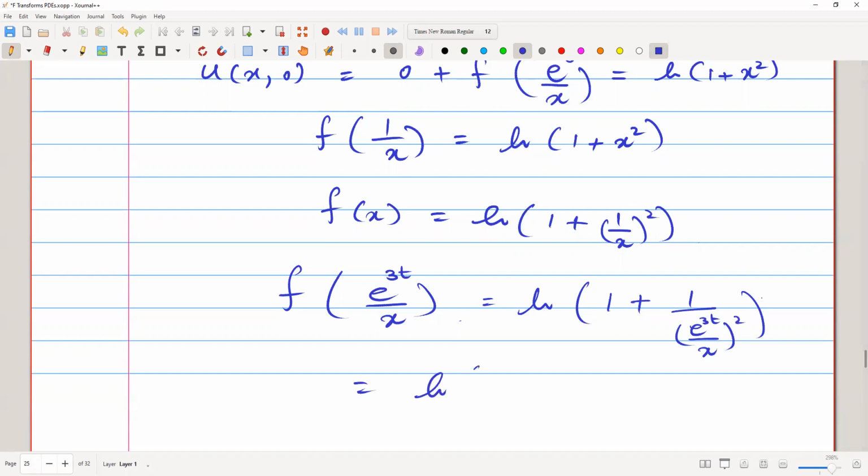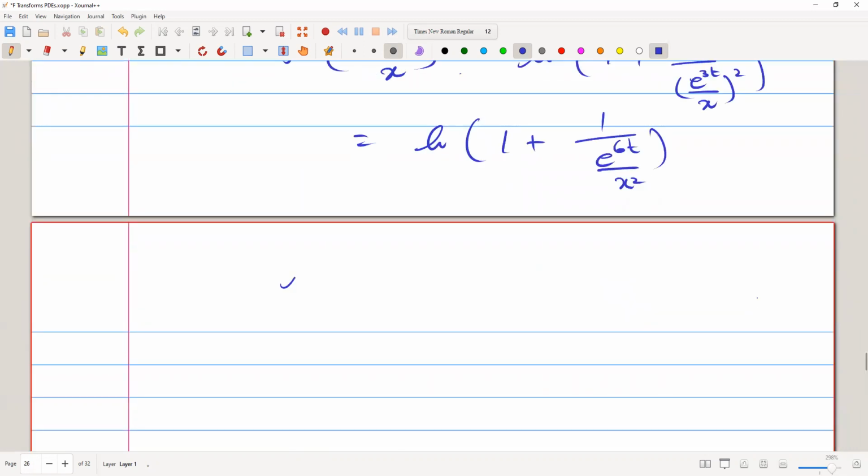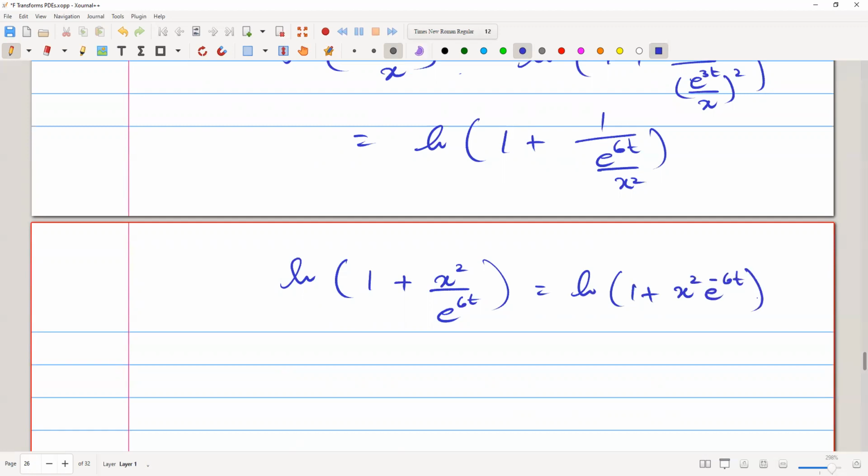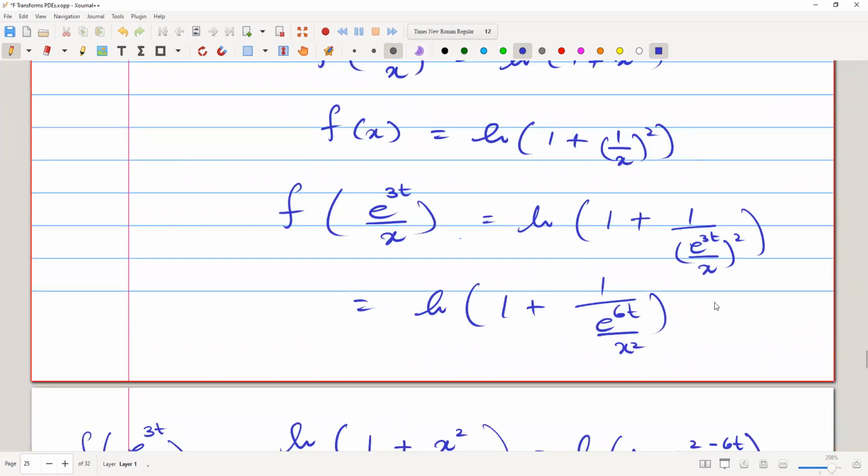So now we get ln(1 plus 1 over e to the power 60 over x squared), where we can move this x squared like this. So we will get 1 plus x squared over e to the power 60, and that is ln(1 plus x squared e to the power negative 60). So finally we have the function of e to the power 3t over x equal to this.